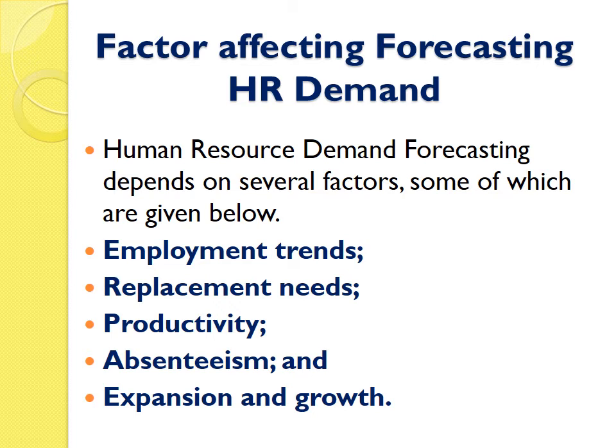The first factor which affects forecasting human resource demand is employment trends, or employment planning. The basic purpose of having a human resource plan is to have an accurate estimate of the number of employees required with matching skill requirements to meet organizational objectives.